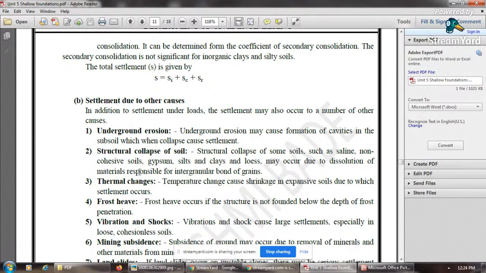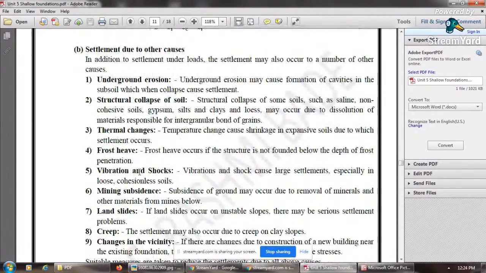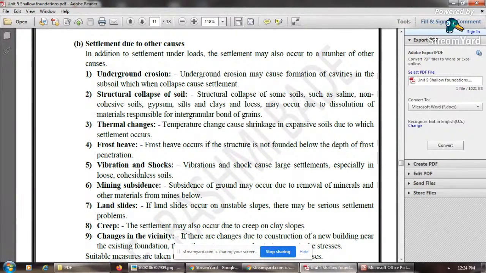Next is settlement due to other causes. In addition to settlement under loads, the settlement may occur due to a number of other subsoil causes. So what are those? First is underground erosion. Underground erosion may cause formation of cavities in the subsoil which, when they collapse, cause settlement.